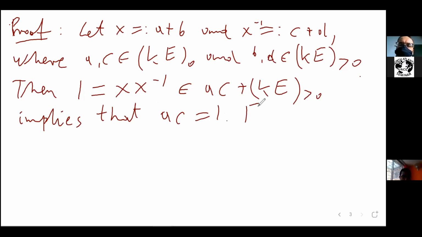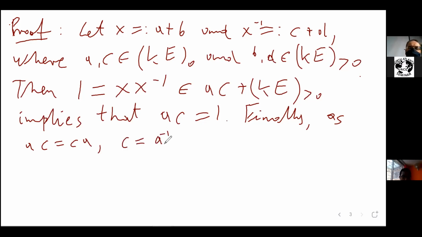And now finally, to conclude with the proof of this elementary lemma, we note that this is the commutative part. So this is not just a one-sided inverse, but a two-sided inverse. So as AC equals CA, C is the inverse of A. And by assumption, you see C was also in this commutative subalgebra.